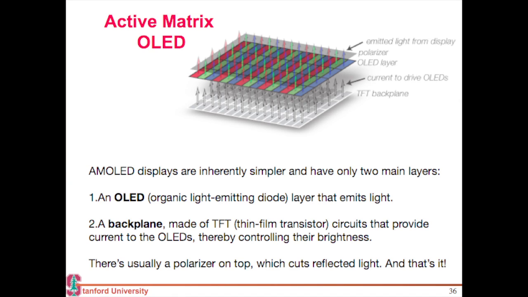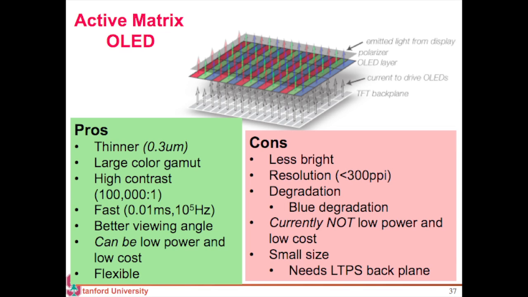So what are the advantages of using an OLED display? There are many advantages. One is that it's thinner, and since it's just two layers, you can make it very, very thin, and people have made these displays which are just 300 nanometers thick, or just 0.3 micron thick.